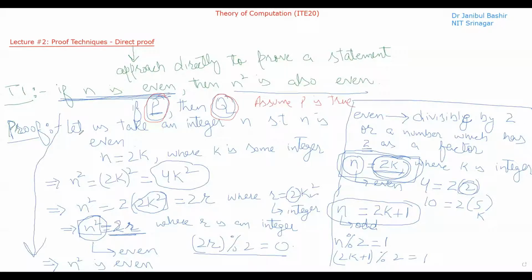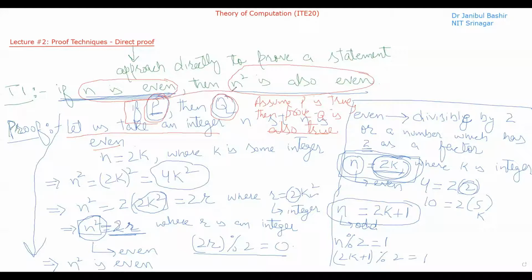Here we have assumed P is true: let's take an integer n such that n is even. Then we prove Q is also true. So to prove this kind of statement, we have to assume P is true, then prove Q is also true.